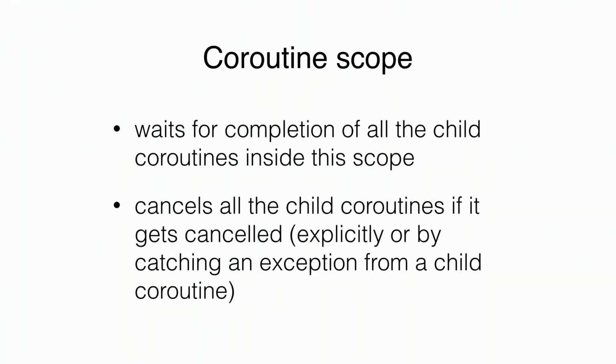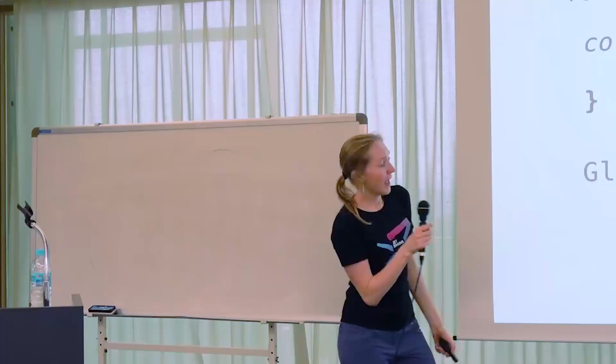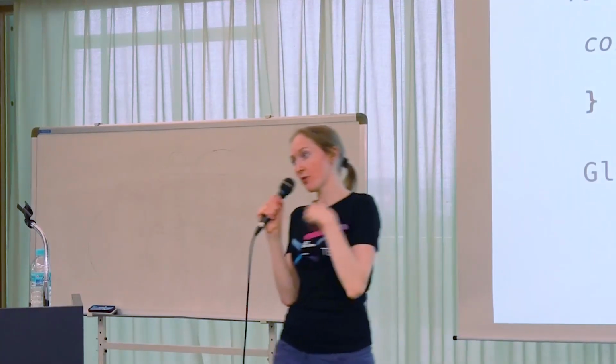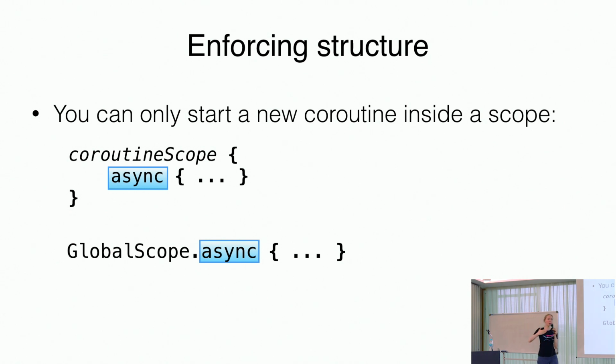Coroutine scope waits for completion of all the child coroutines inside this scope, and this is another helpful quality of the scope. It will automatically wait for completion, and as we already discussed, it cancels all the children coroutines if there is an error. Before Kotlin 1.3, you could start coroutines from any point, and there was no relationship between different coroutines.